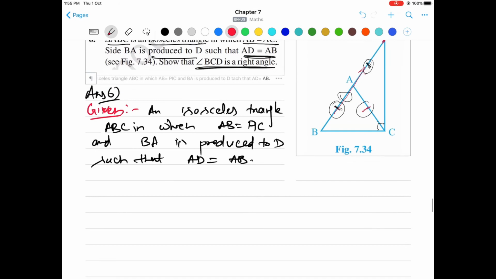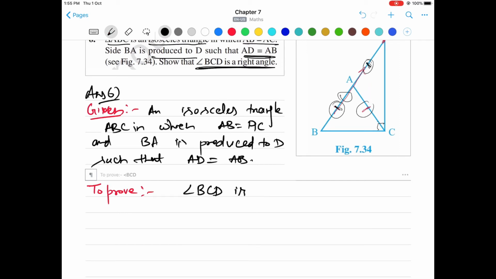And we have to prove one thing. To prove here is, we need to prove that angle BCD is a right angle, or you can prove that angle BCD is equal to 90 degrees. Okay, a right angle should measure 90 degrees. So now let's start its proof.